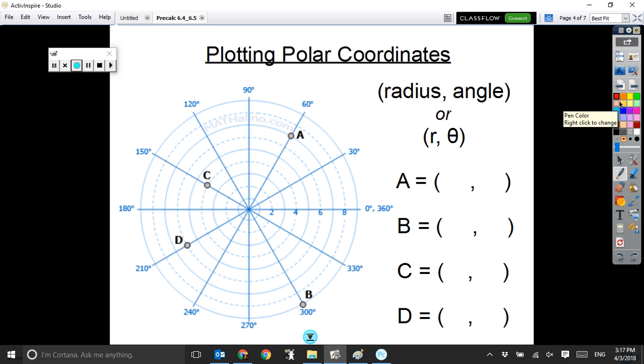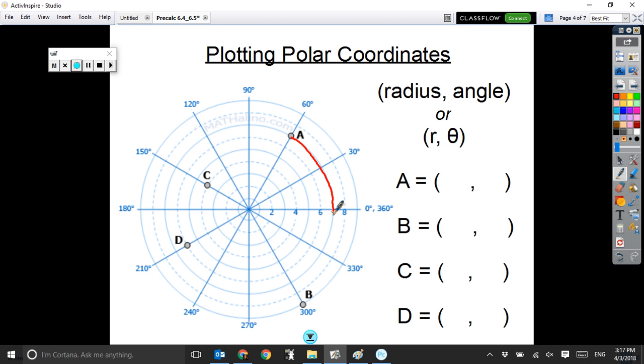An example is this one on the board. Notice I have 4 different points plotted here, A, B, C, and D. Point A is located right here. First thing we'll look at is, what is the radius? The radius is marked along here. It says this is 2, 4, 6, and 8. And I see that A is on this solid line halfway between 6 and 8.